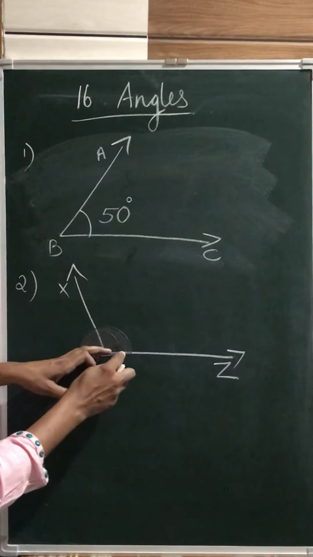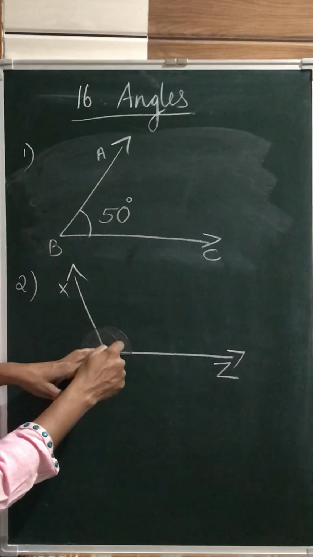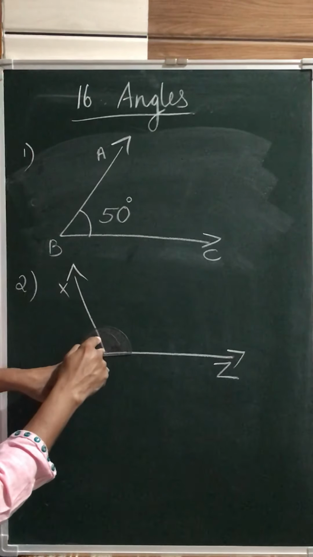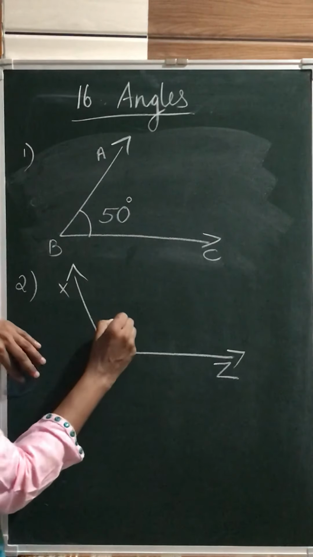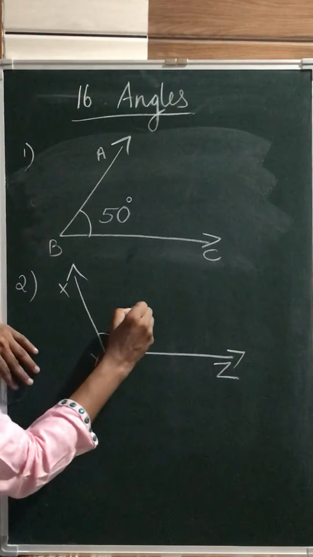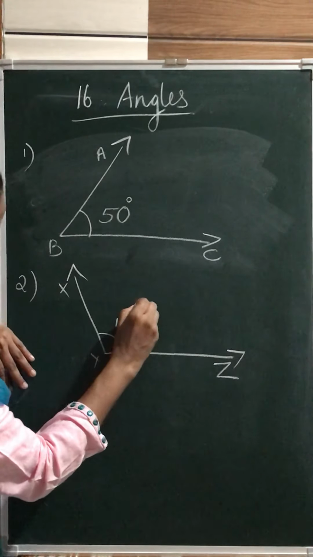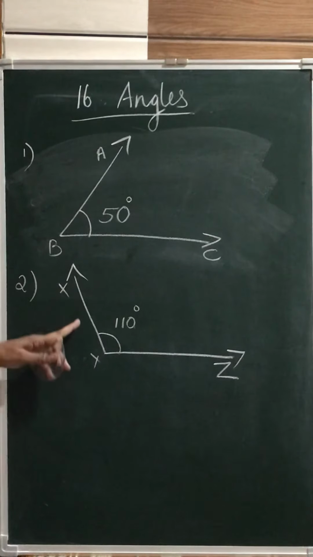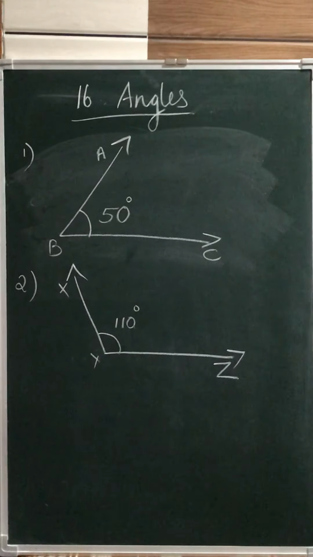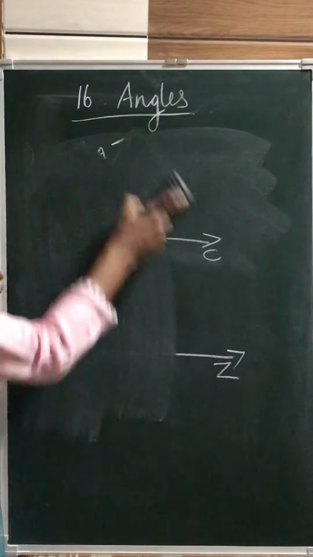Start with 0 from here. This one is 100, this one is 110. 1, 1, 0. Measure 110 degrees, with a small 0. This is the angle measure of XYZ.